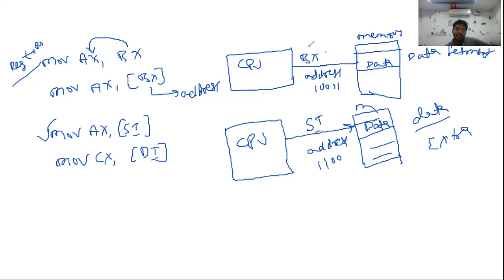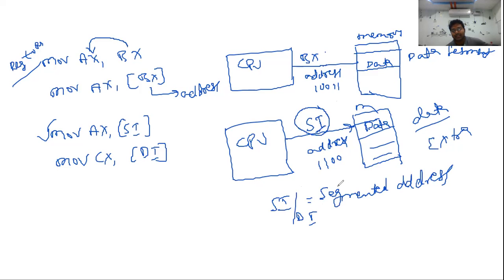Okay, what is the difference between this BX and the SI registers? The BX register is one of the registers, but the SI register is responsible for the address location here. Now, what is the address location of SI? Remember, SI or DI points to the segment address.